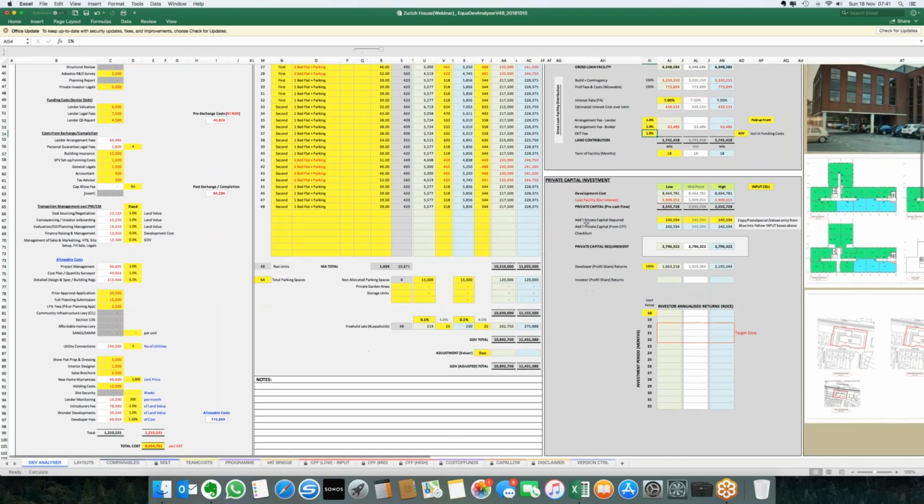So the next box is private capital. So this is a calculation of how much cash over and above the senior debt is required to get the development from the start point to the end point. What you might see, where people just get a little bit out of shape, is the lender will go, okay, we agree with your development cost.